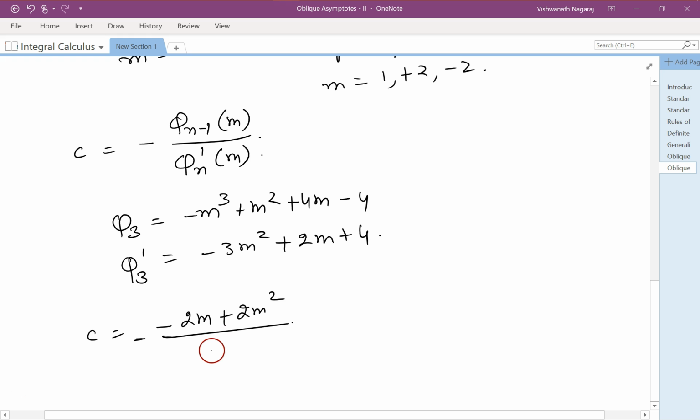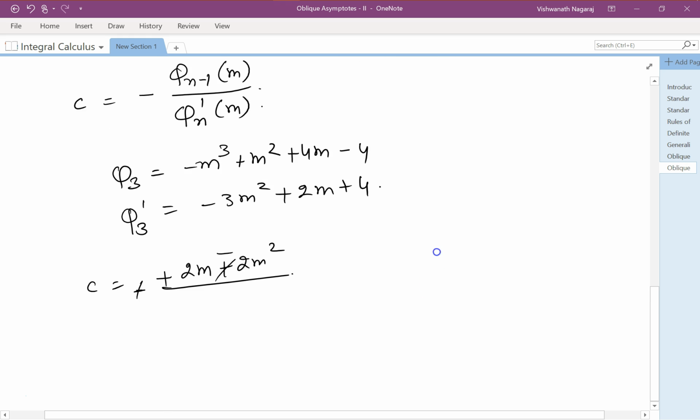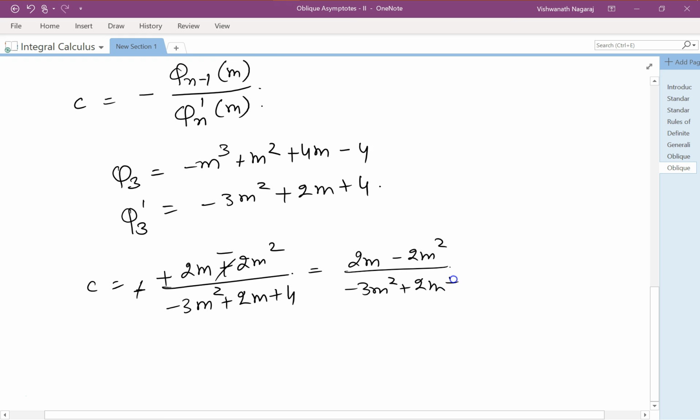Okay. Now what we can do is cancel this by changing the sign. This is what? −3m² + 2m + 4. So c is equal to (2m − 2m²) by (−3m² + 2m + 4).